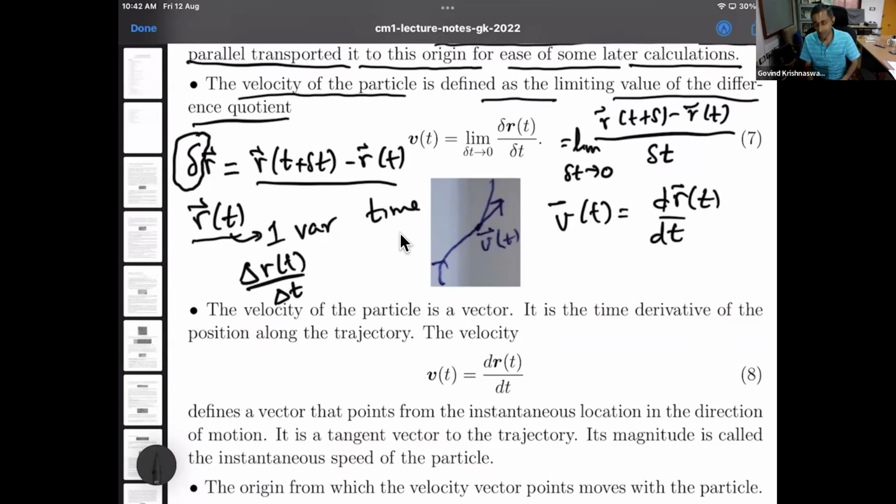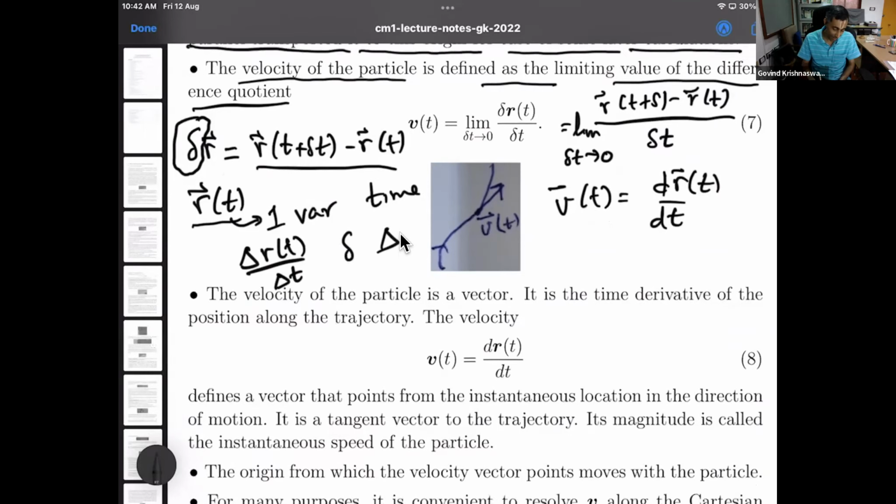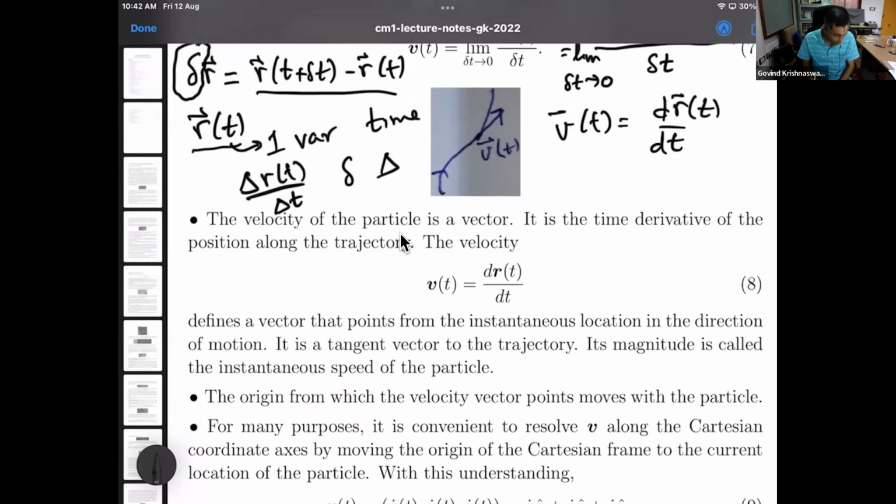It is just a notation that I got used to. Some people will use capital delta, some people use small delta. But I hope you are aware that this one is small delta and this is a capital letter. That is the only difference. As we go, we will pick up the Greek alphabet.